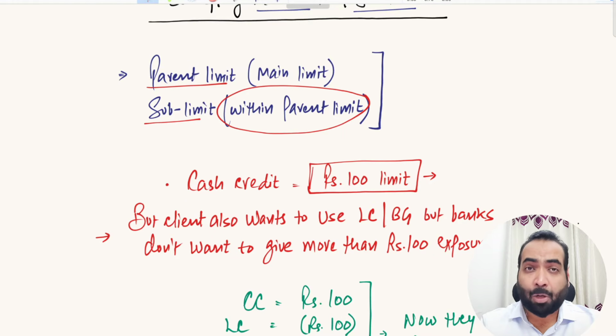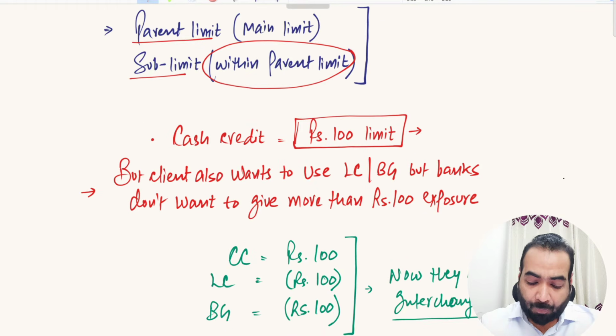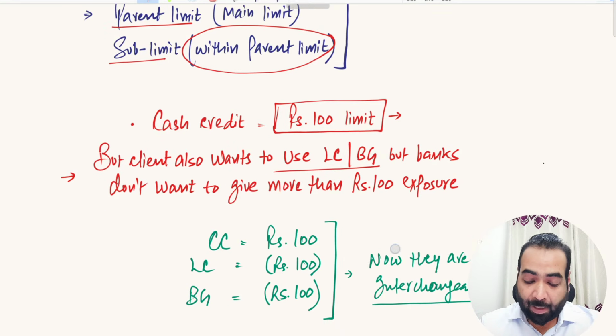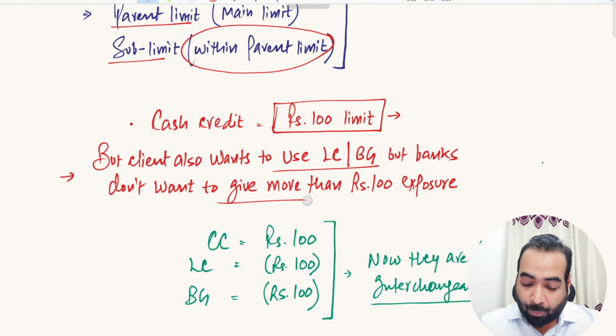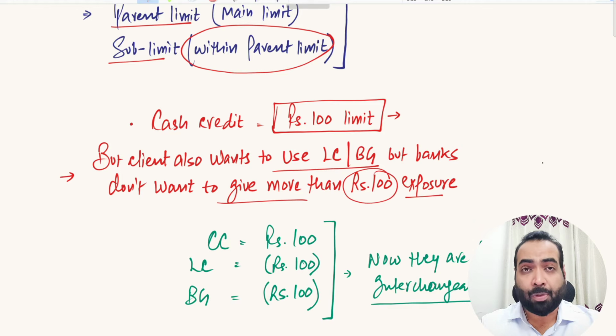So in order to allow you this, the concepts of main limit and sublimit come into the picture. Suppose you want to use letter of credit and bank guarantee facility, but the bank doesn't want to take more than 100 rupees exposure on you. So how can the bank allow you multiple facilities within that 100 rupees exposure?